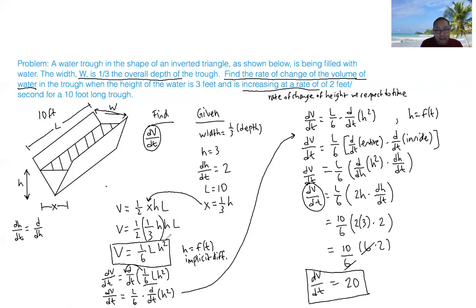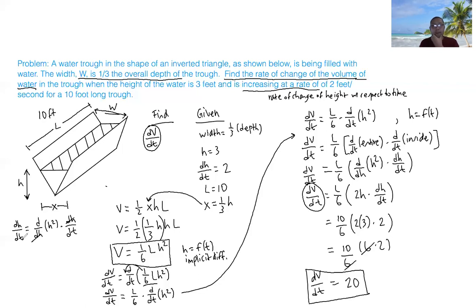In this case, the h term that we had was h squared, right, multiplied by the change in height over time.